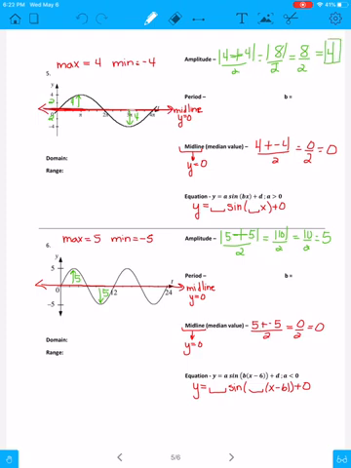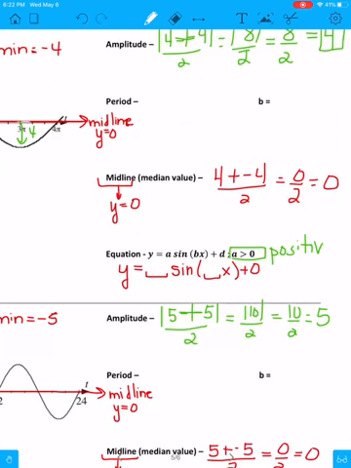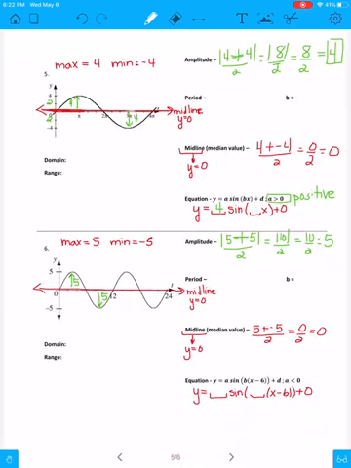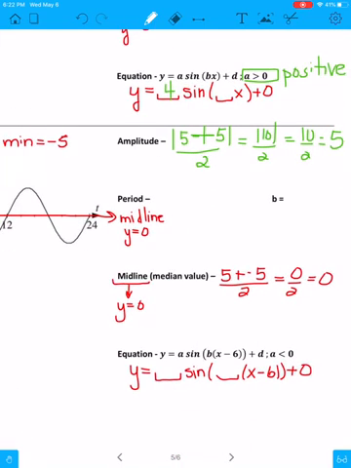Amplitude is 4. A is greater than 0, so it's positive. Wow, my writing is awesome on this iPad. Positive. There we go. So it's positive 4. So if it's positive, I don't have to put a sign because it's a leading coefficient. This one here, my amplitude is 5, so I put a 5.